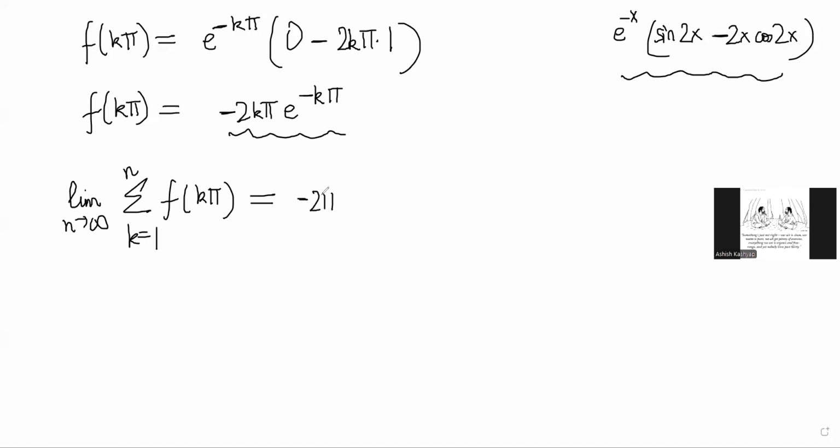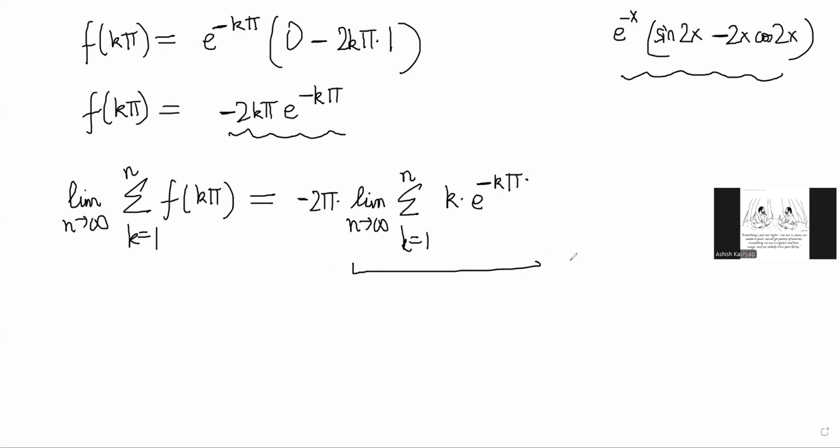So we have -2π and the limit as n tends to infinity of the summation of k from 1 to n of k times e^(-kπ). This is what we have here. Before we can do the limit, we will have to figure out the general expression for this summation.